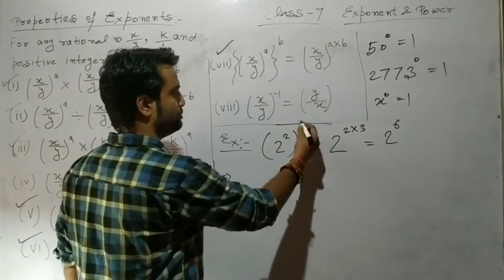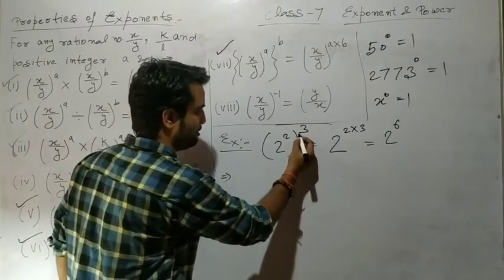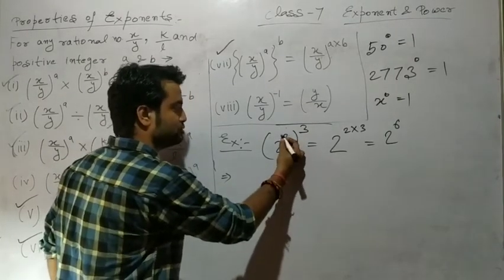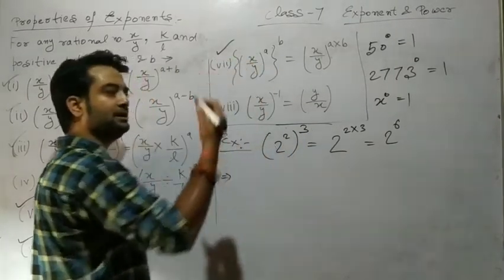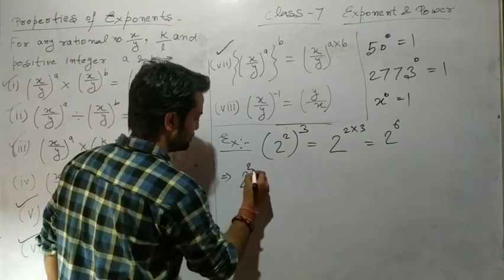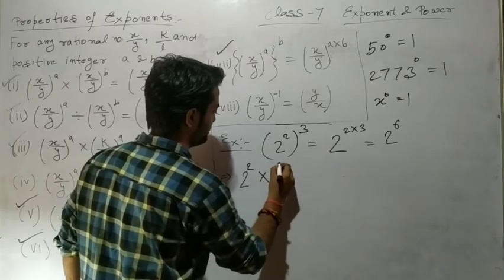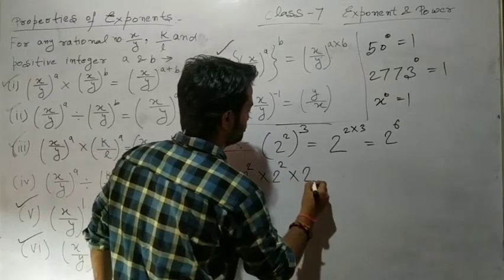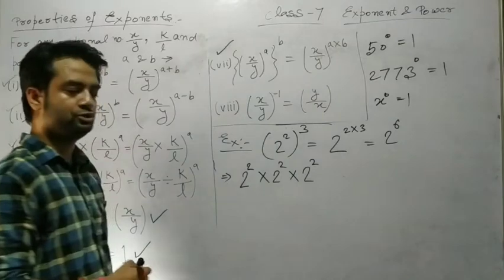2 raised to the power 2 raised to the power 3 means 2 raised to the power 2 is multiplied 3 times. So we can write it as 2 raised to the power 2 into 2 raised to the power 2 into 2 raised to the power 2.